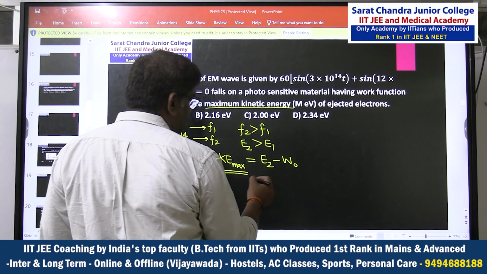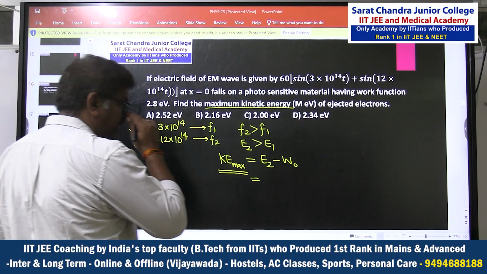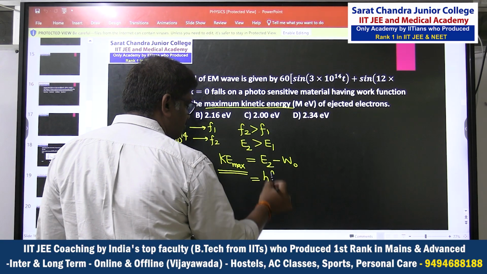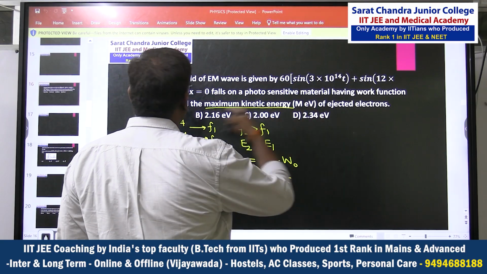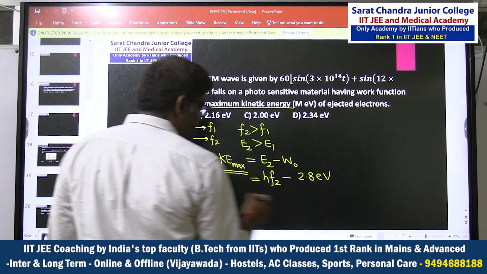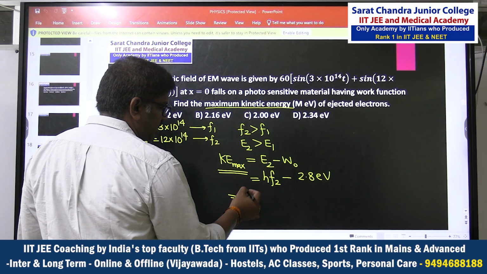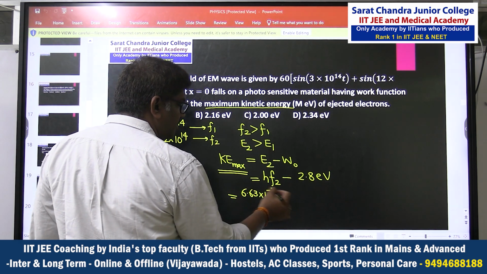So now it's a simple calculation. Omega, you know, so you can find out the frequency. So this is H into F2 minus work function. The work function is given to you as 2.8 eV. Now if I put these values, it is 6.63 into 10 to the power minus 34.